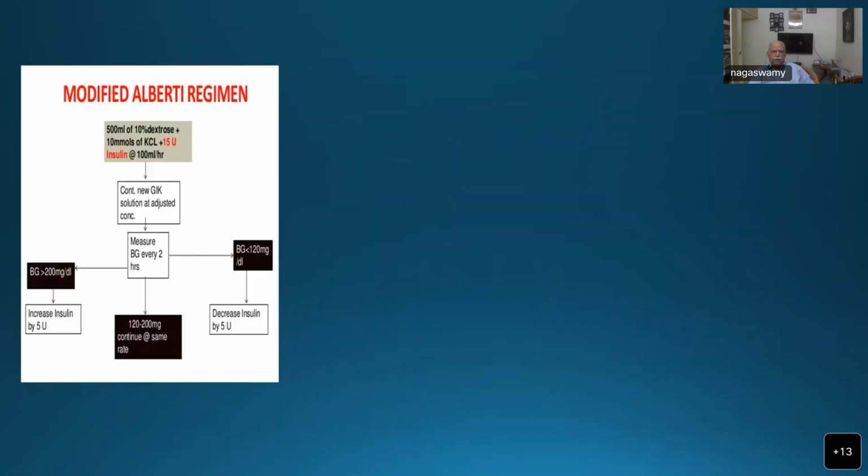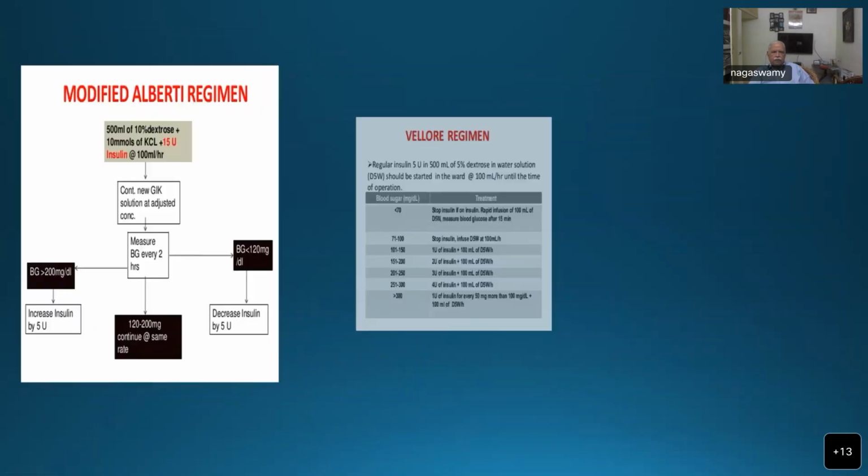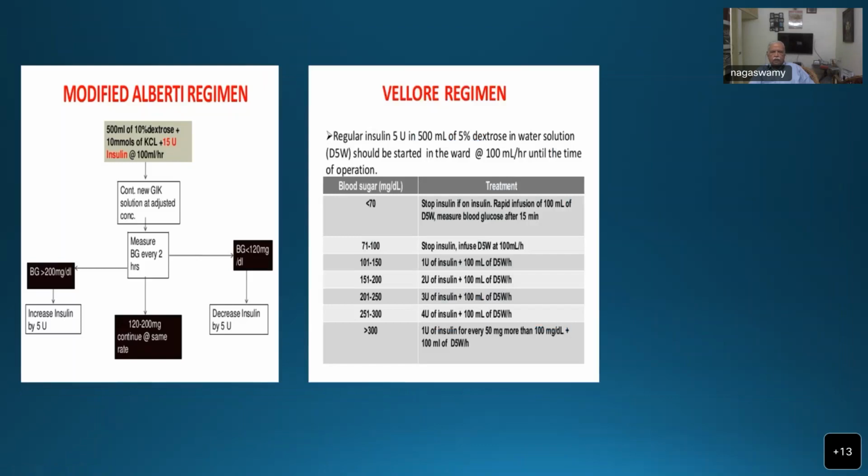This is subcutaneous. You can use the same thing as a regular IV infusion also. And the other method is the modified Alberti regime, and there is the Vellore regime. The main idea of the Vellore regime is to avoid the need for expensive infusion pumps. They say less than 70, no insulin, start 100 ml of 5% dextrose, and review every 15 minutes.